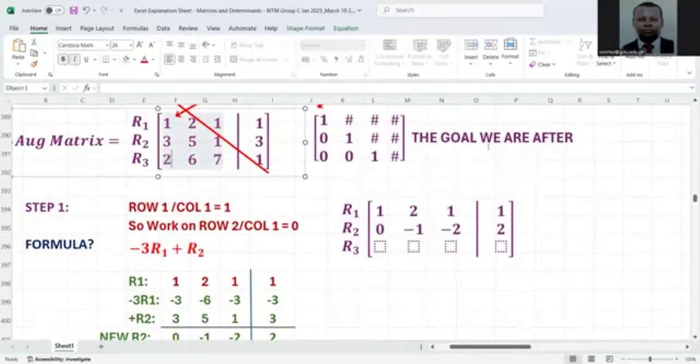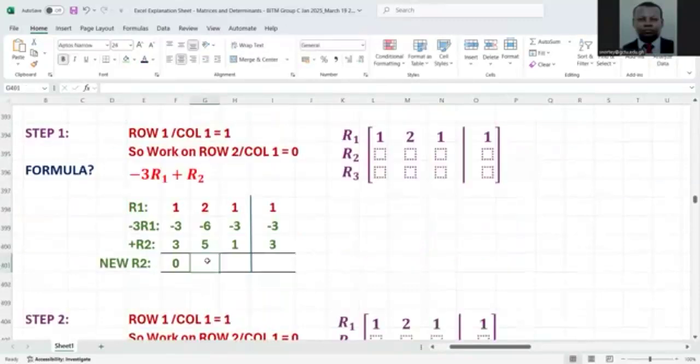Please, can you go back a little bit? Go back again. I wanted to know where he got the negative row 1 and -3 row 1.